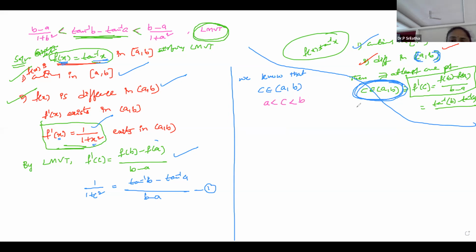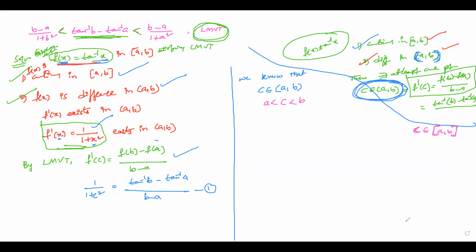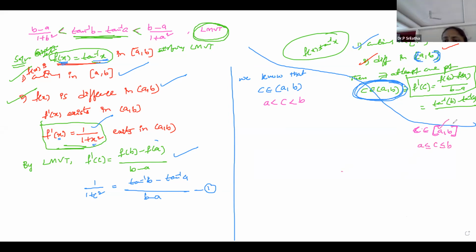And what is the meaning of c belongs to the closed interval [a, b]? a less than or equal to c less than or equal to b, including a and b. So c belongs to the open interval (a, b) is nothing but excluding a and b. That means a < c < b.